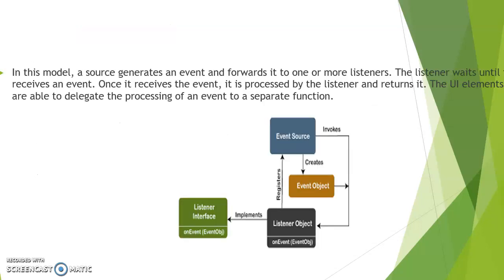So in this model, a source generates an event and forwards it to one or more listeners. The listener waits until it receives an event. Once it receives the event, it is processed by the listener and returned. The UI elements are able to delegate the processing of an event to a separate function.